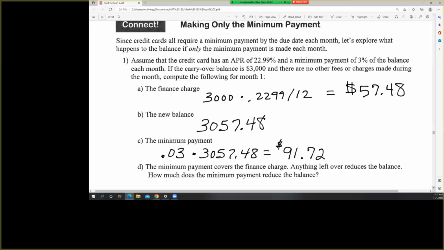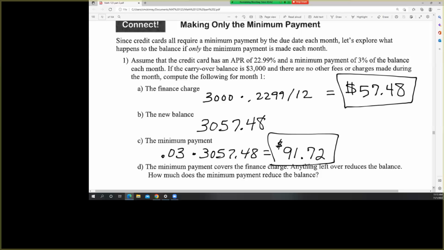Now that's the minimum payment. The minimum payment more than covers the finance charge, of course, but then anything left is actually bringing the balance down. How much does this minimum payment reduce the balance by? So we started out owing 3,000. This was how much we're getting charged.